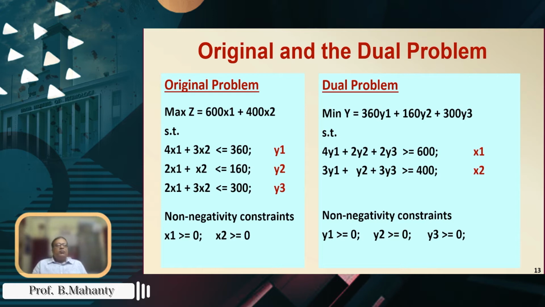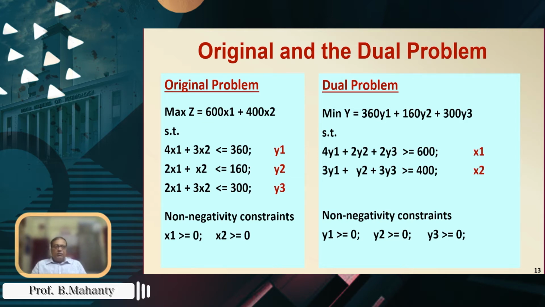Whether you solve the primal problem or the dual problem, essentially you are solving the same problem. It is two ways of formulating the same problem, and therefore both should give the same solution.